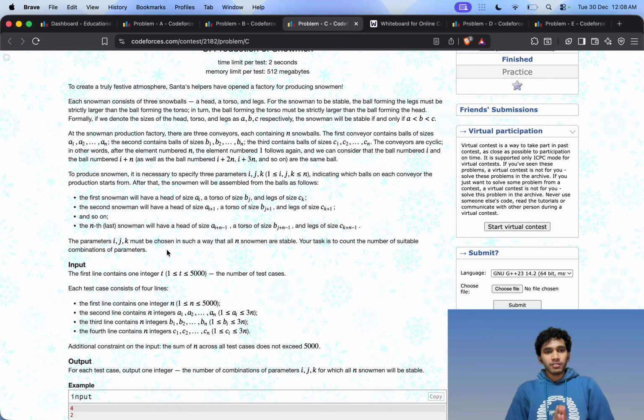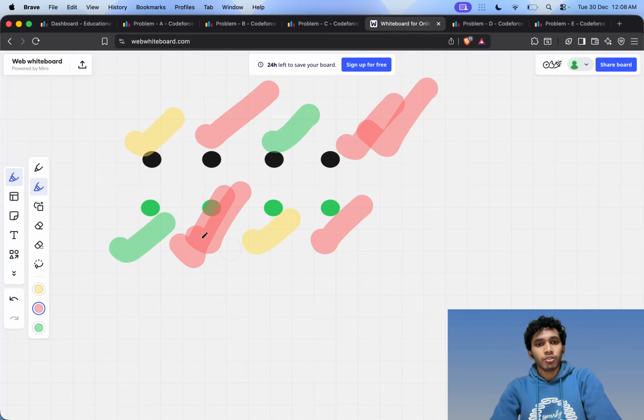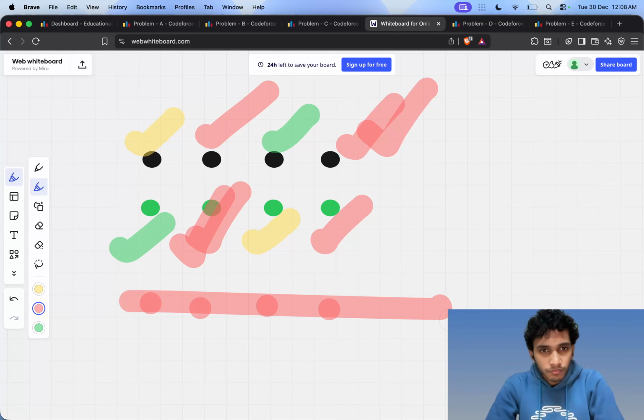The parameters i, j, k must be chosen in such a way that all n snowmen are stable. Your task is to count the number of suitable combinations of parameters. Okay, so we have three such conveyor belts. There is a conveyor belt here as well, where n snowballs are present.